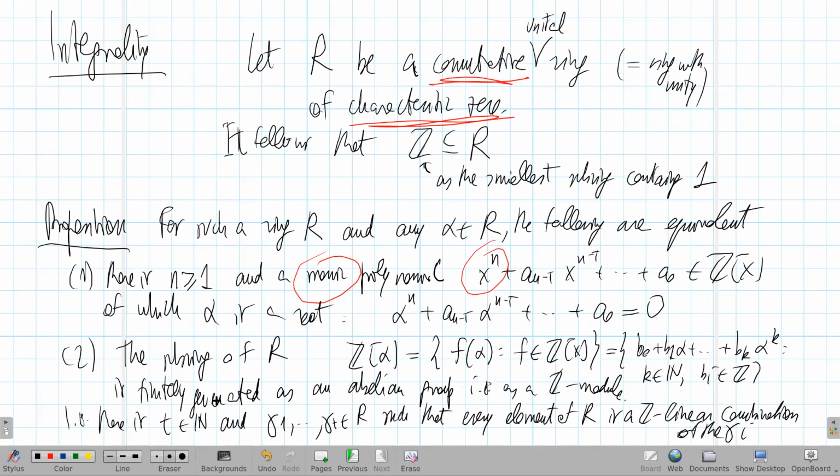Okay, so finitely generated means exactly this. It means that there is a finite number of elements in R such that every element can be written as a Z-linear combination of the gamma_i.